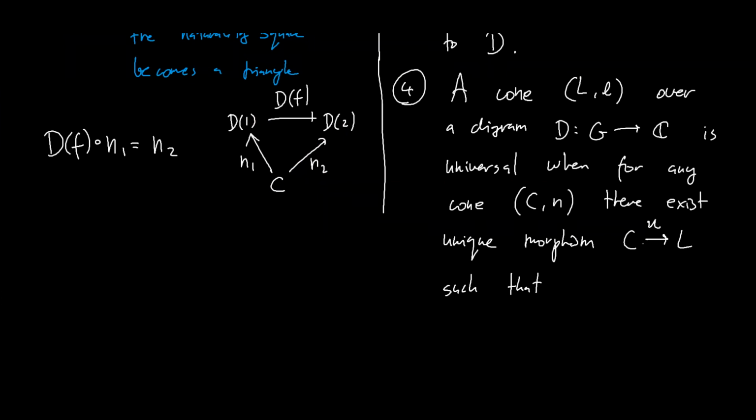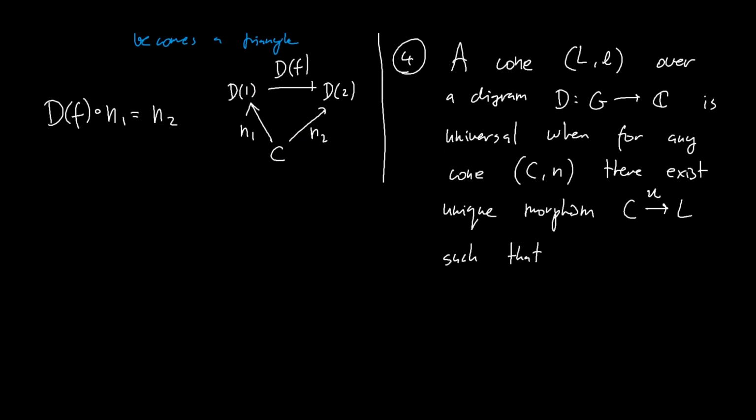There exists a unique morphism U such that L of X composed with U equals N of X for every vertex X in the graph G.